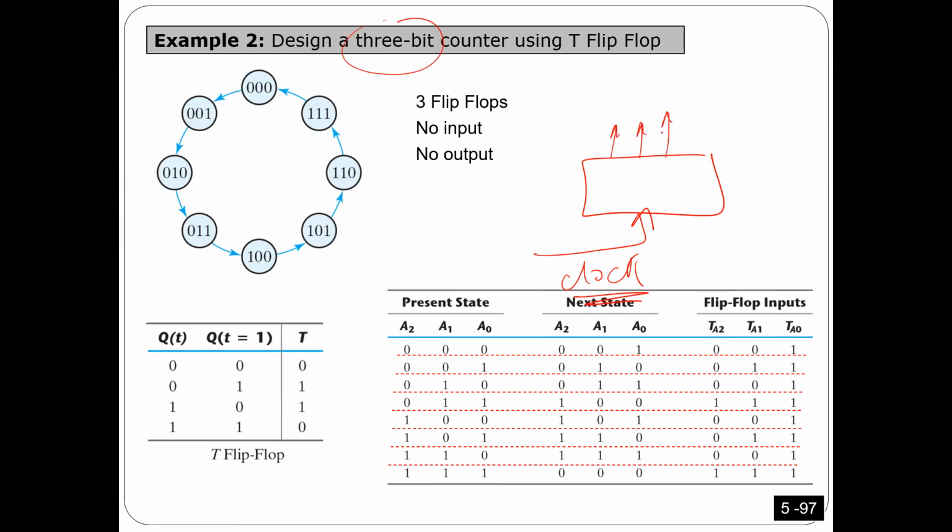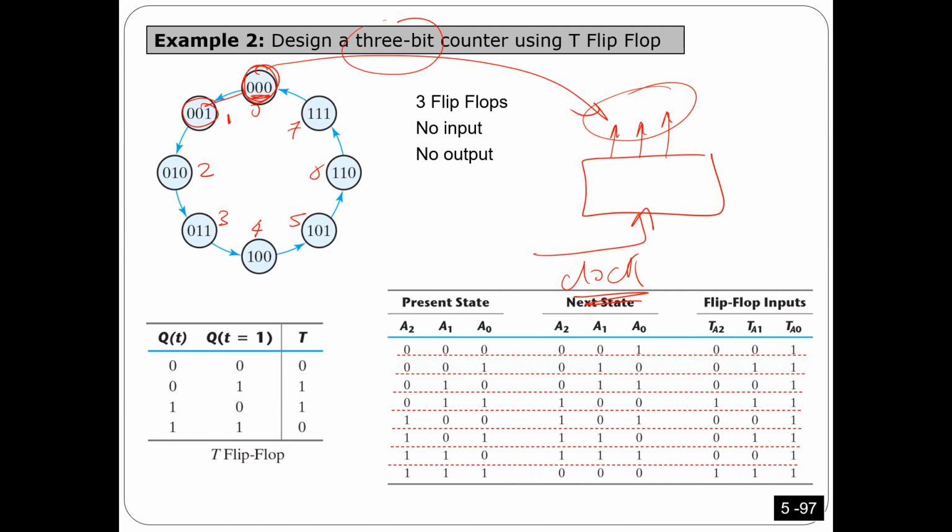The output is going to be a counter. The value of the counter should start at 0, 0, 0. When the clock comes, next time it becomes 1, then 2, 3, 4, 5, 6, 7, and then goes to 0 again. It's counting. You got what I'm saying?